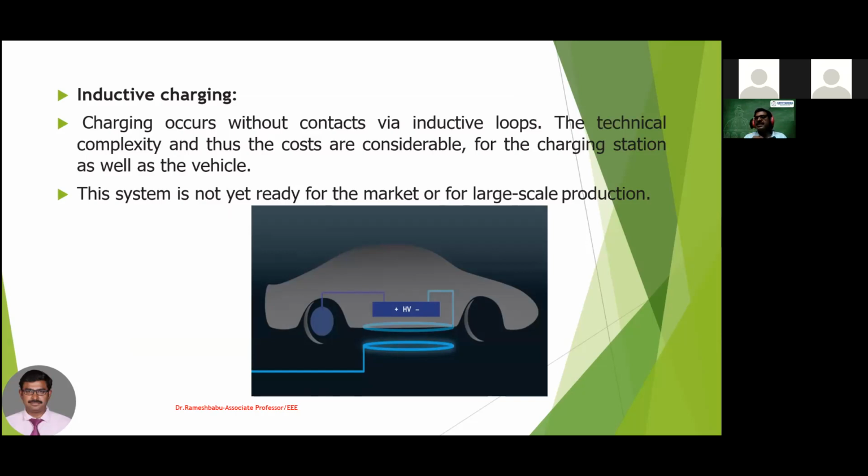Then it is converted into DC and charges the battery. So this vehicle also requires an onboard charger. DC is not applicable, so the AC voltage will be induced in the receiving coil, converted into DC, and then it charges the battery.